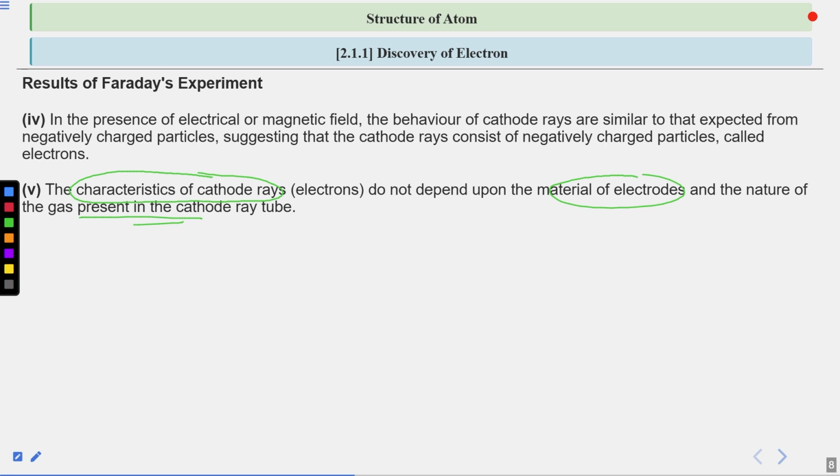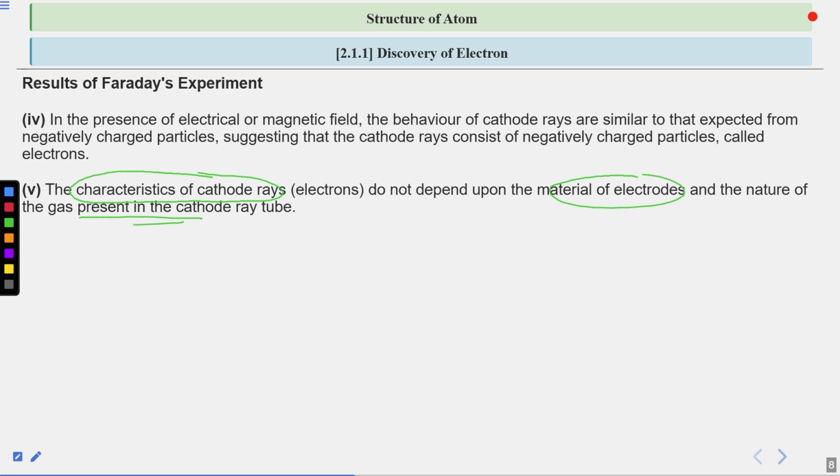So if you take a gaseous molecule, it must have electrons and protons. In the center we have the protons, and around it we have the electrons, and they stick to each other because of the electrostatic force. We know that positive and negative charges attract each other. But as soon as we supply a high voltage, we are supplying high energy to that molecule.